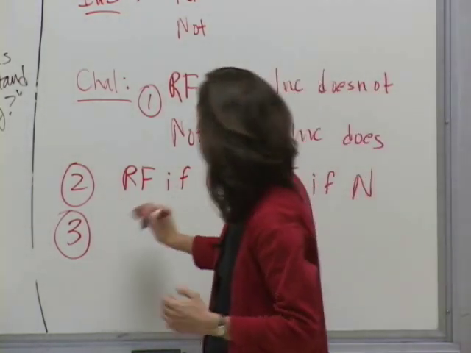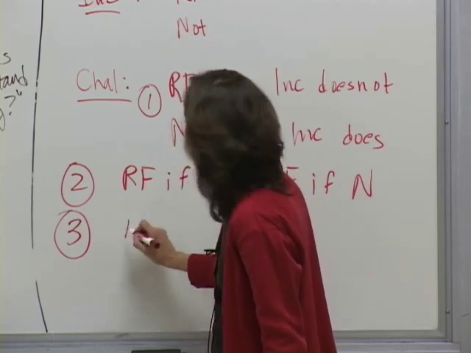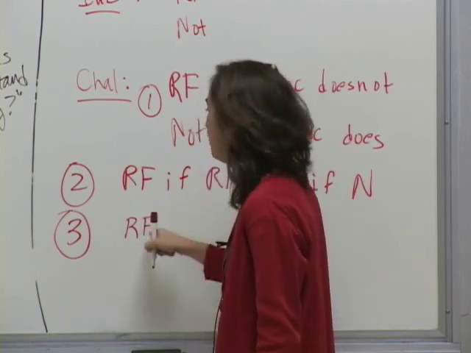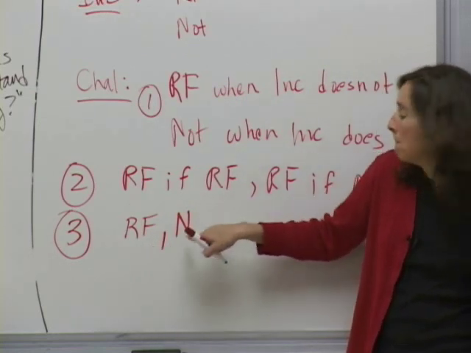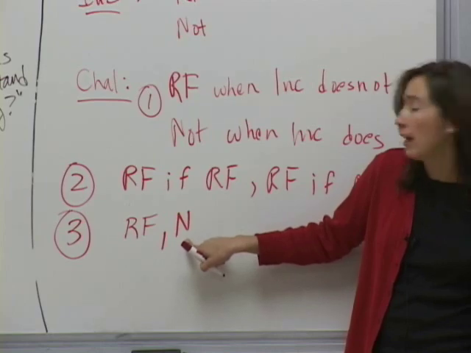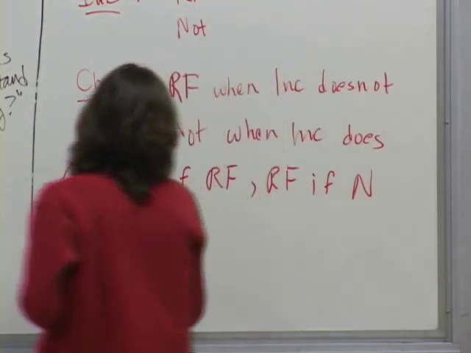and let me just show you what it is. So another possibility would be to raise funds if the incumbent does not raise funds. Okay? This is the most terse abbreviation of the challenger's strategy, and let me decode it for you.